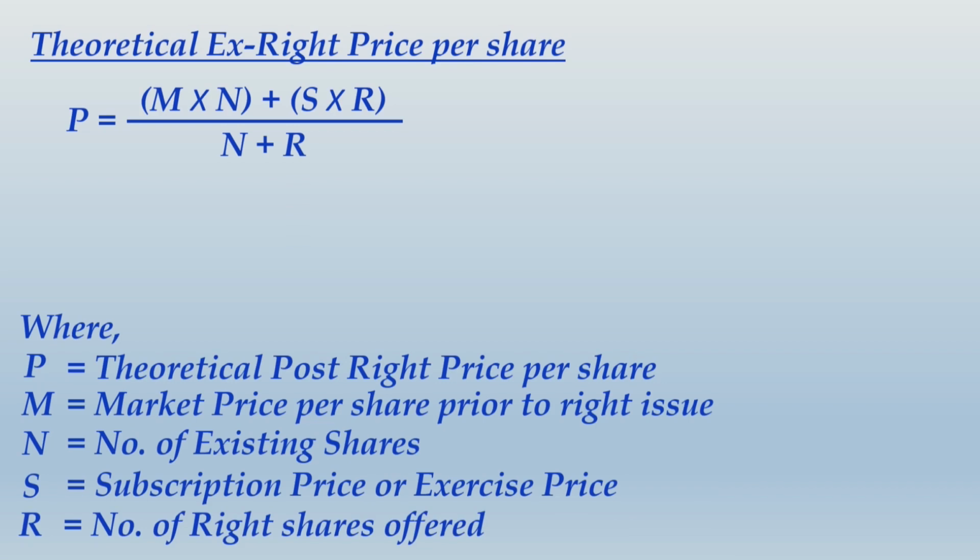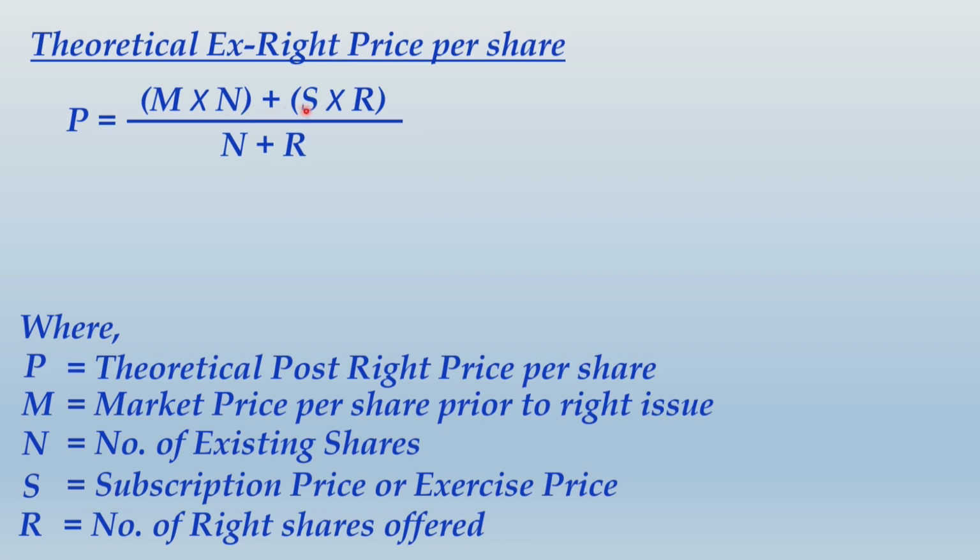So friends, we are going to first substitute these values and then work out the post-right price per share, which is called theoretical ex-right price per share. M stands for the market price per share prior to right issue, and that in the question was given as 48. N is the existing number of shares prior to right issue, that is 3 lakh shares.